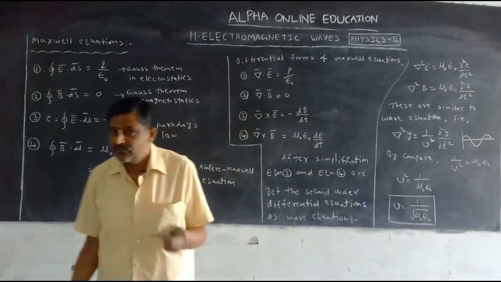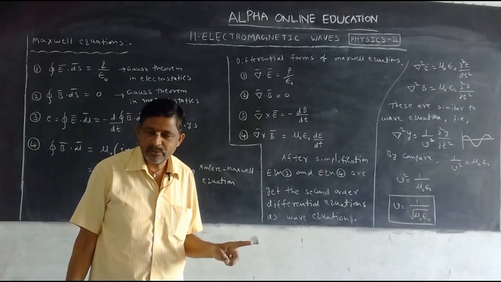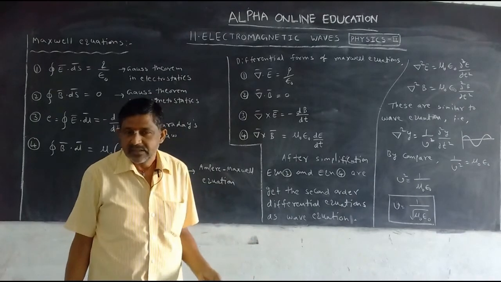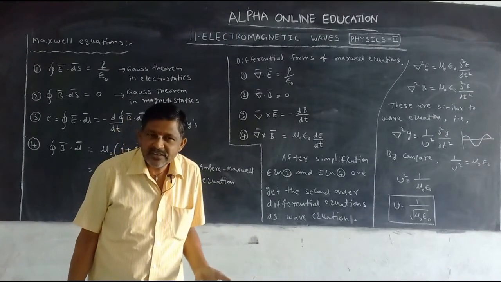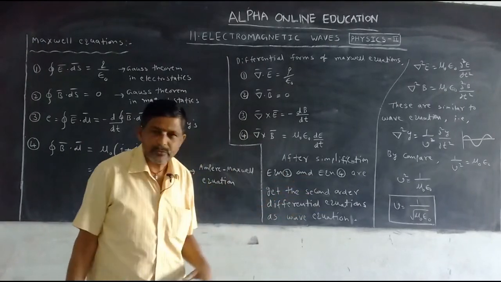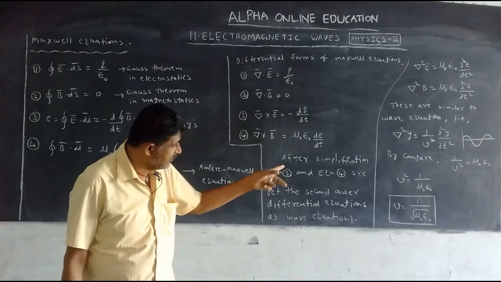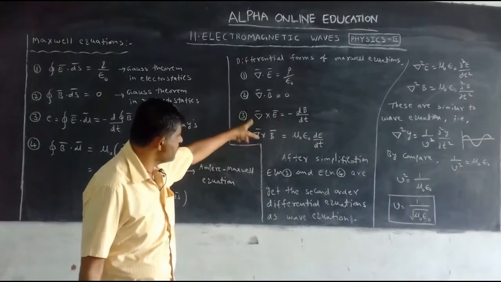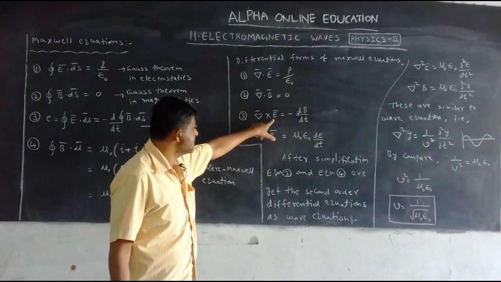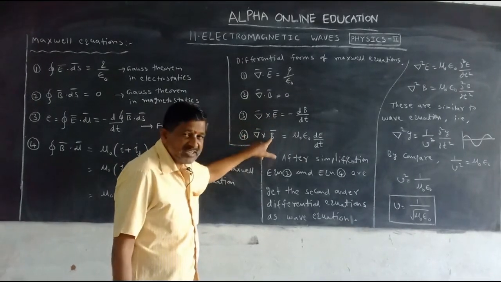If we simplify, the magnetic component becomes a wave and the electric component also becomes a wave. If it is a wave, what is the name of that wave? By the simplification, equation 3 becomes a wave which has the electric field, and equation 4 has the magnetic field.